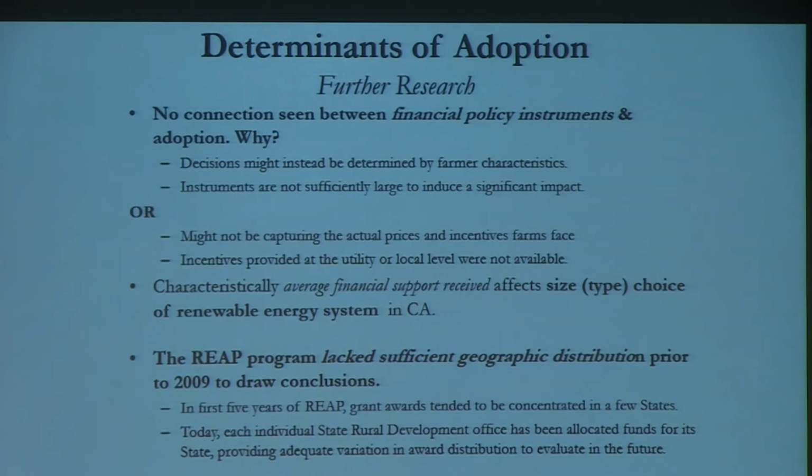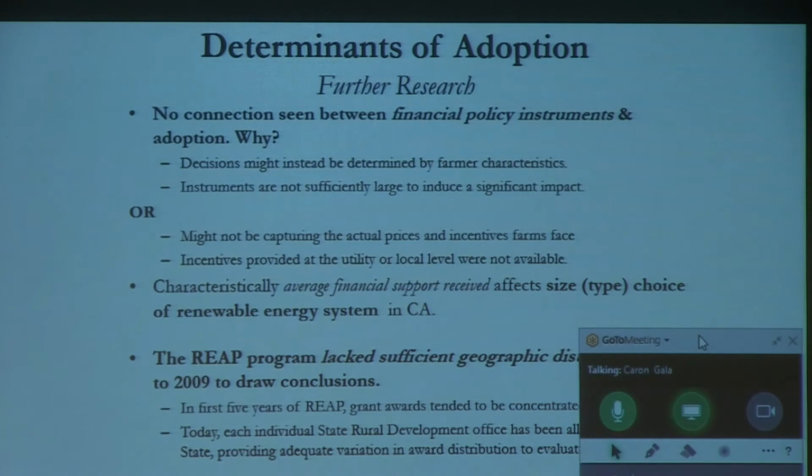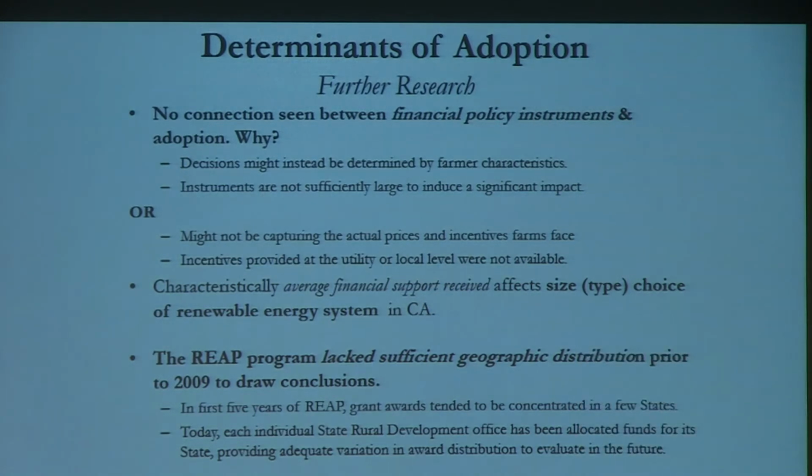It is possible that the decisions are instead determined by farmer characteristics. We see some evidence of that at the farm level research. And it is also possible that the instruments are not sufficiently large to induce significant impact. However, there is a caveat that possibly we just are not capturing the actual prices and incentives that farms are facing, and that the incentives that we have are not looking at the local level, and those might be more important at the end of the day in terms of financial policy instruments.